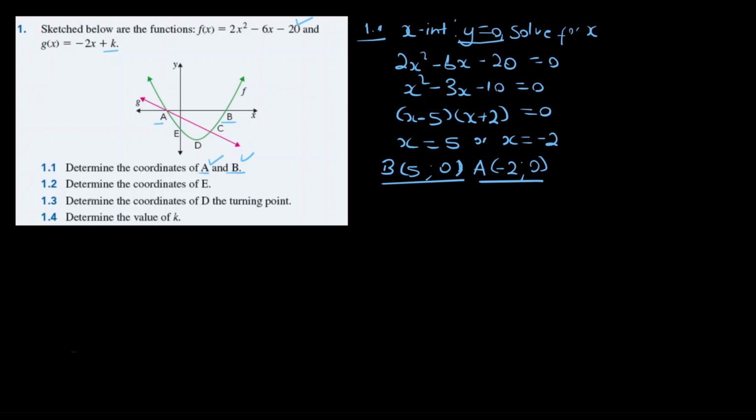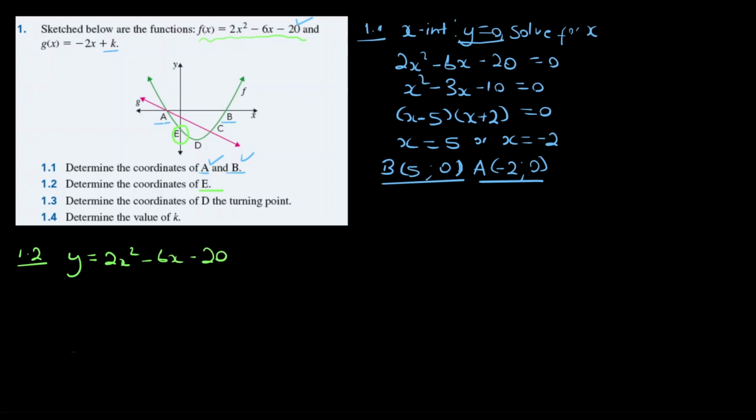We can move on to the next question, where we have to calculate the coordinates of E. If you look closely, the coordinates of E are the y-intercept of the green graph, meaning the y-intercept of the graph of f. How do we calculate the y-intercept? We're going to use the graph of f, which is 2x squared minus 6x minus 20.